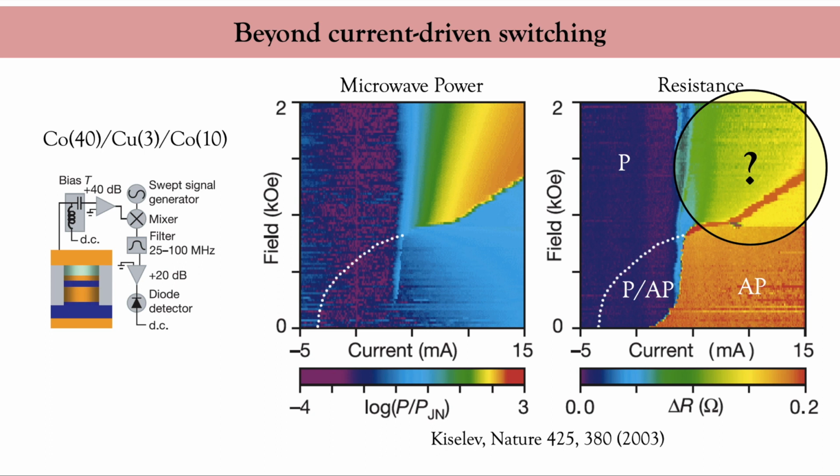In the parallel configuration, the fluctuations are small, which makes sense because the system is stable. In the anti-parallel configuration, the fluctuations are still rather low, although a bit larger due to magnon emission that is present in this regime. But most importantly, in the region of intermediate resistance, the fluctuations are quite large and can be in fact very large. So spin transfer torque can induce large magnetic fluctuations. Let's look into it.